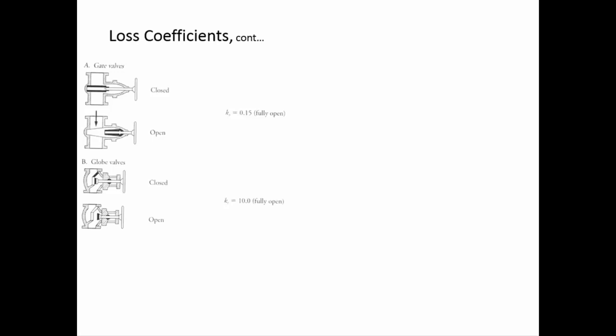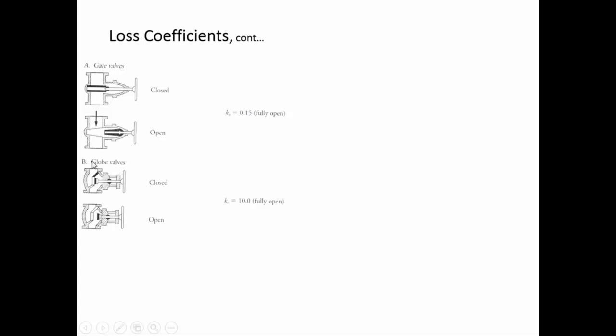That's a lot of energy to be lost, especially when you compare it to a gate valve, which is basically just like there's a metal plate in the way that you can move it out of the way. So the water flows through a pipe segment completely uninhibited, just a little bit of turbulence it's picking up off of the edge of that gate, that even when it's out of the way, the water's sort of banging off the side of that gate a little bit, so you've got a K value of 0.15 when it's fully open.